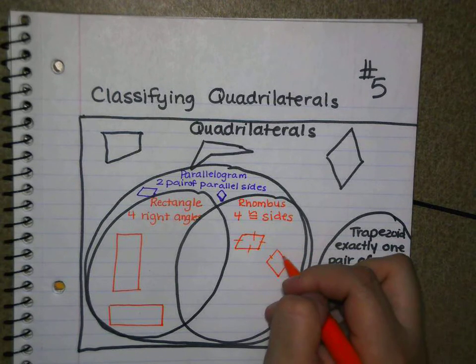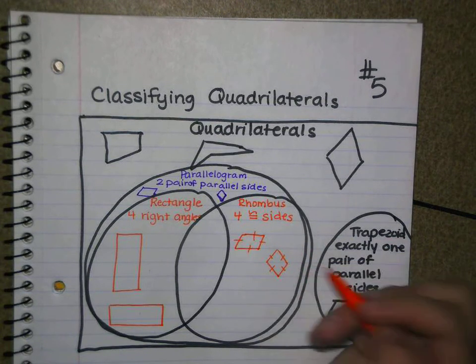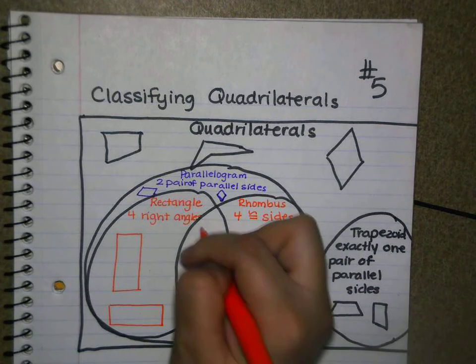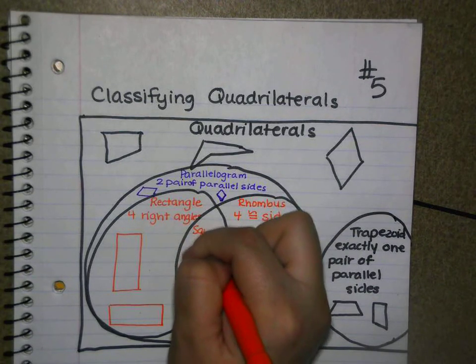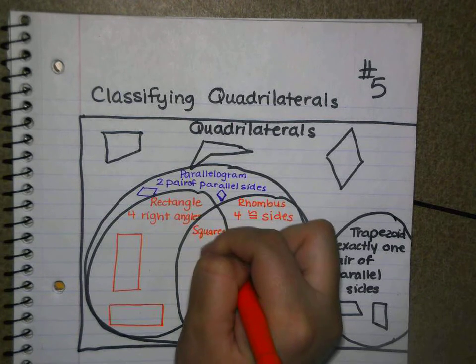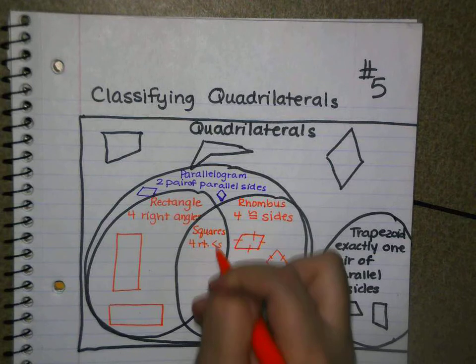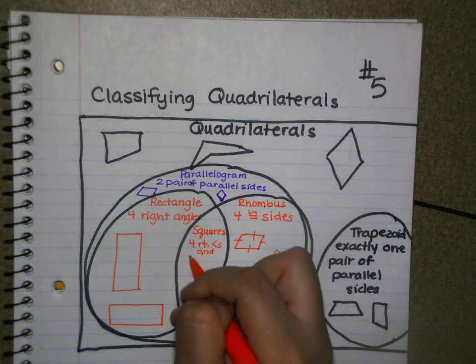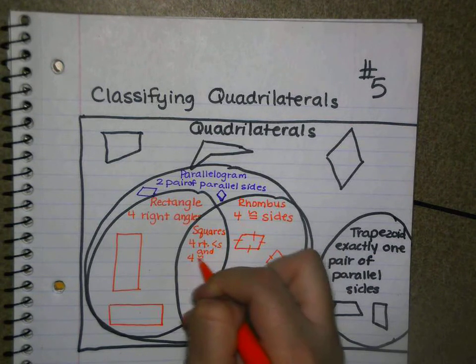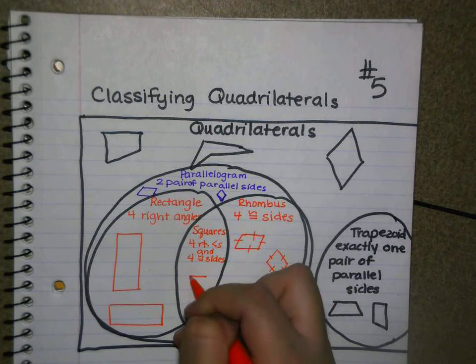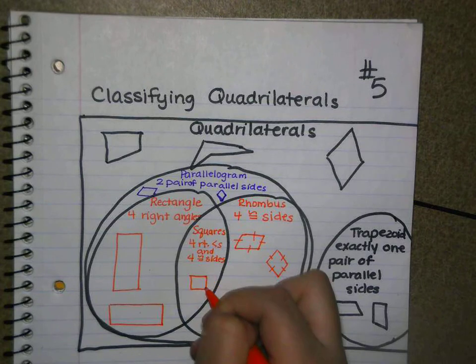Okay, and all of these are congruent. Now, the things in the middle are going to be called squares, and our squares are going to have 4 right angles and 4 congruent sides. So you all know what a square looks like, and it would look like that.